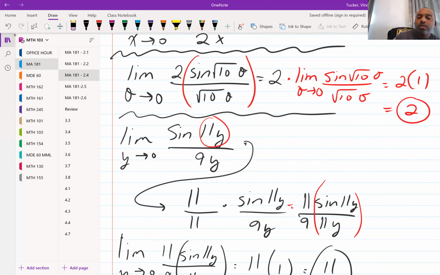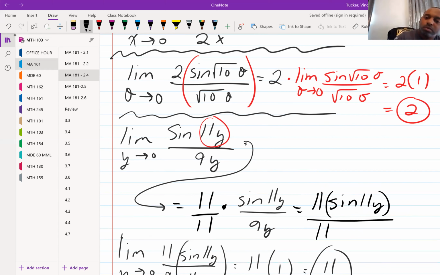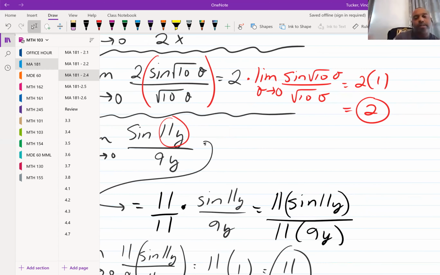So doing that, let me see, do I want to write this a little better? So we're multiplying both top and bottom by 11. All right, and so now what I would do is pull the 9 out and attach the 11 to that y.